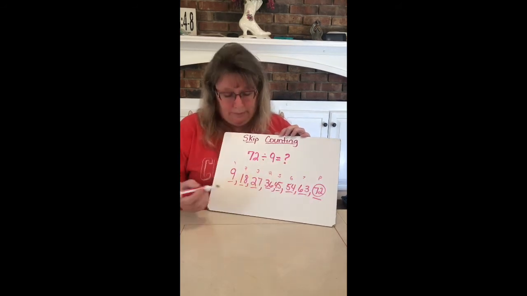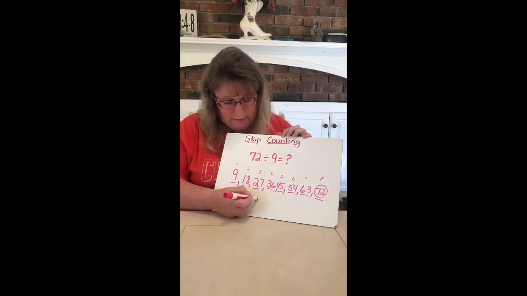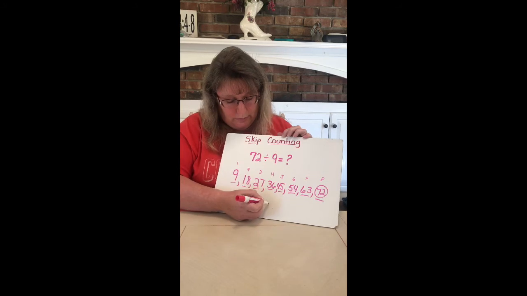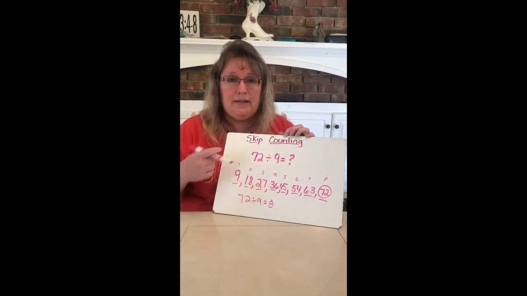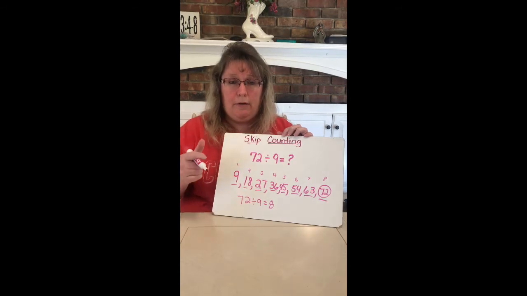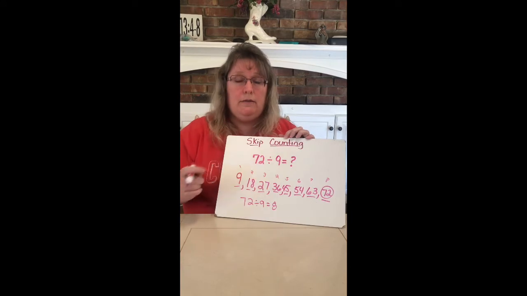Same thing, okay? So now we know 72 divided by 9 equals 8. That's skip counting. Don't forget you can do that, okay? So all you're doing is counting by the divisor.